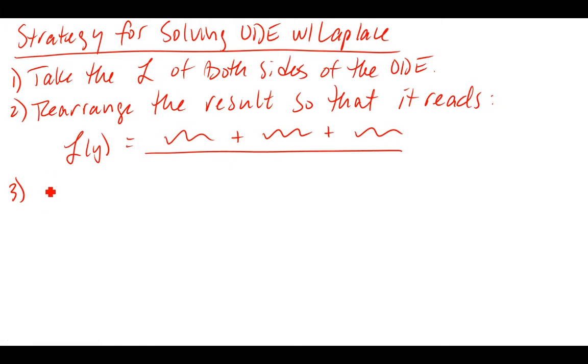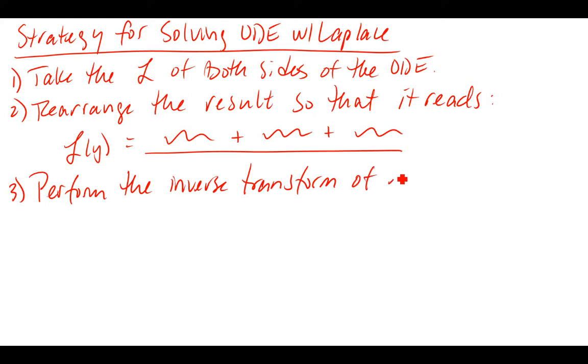All right, so the last thing we're going to do is perform the inverse transform of each term by doing the following. Since this is going to be the hard part, I'll try to give you a little bit of advice here.